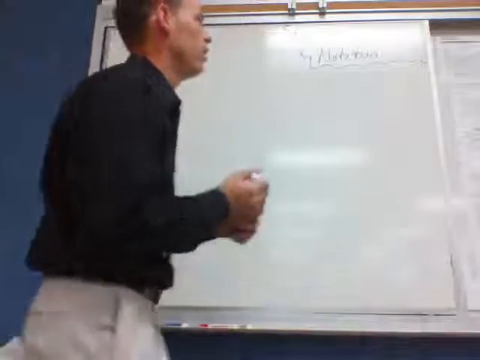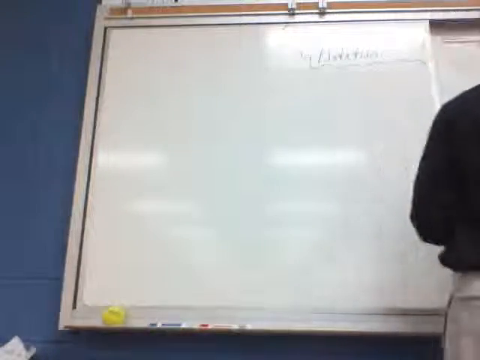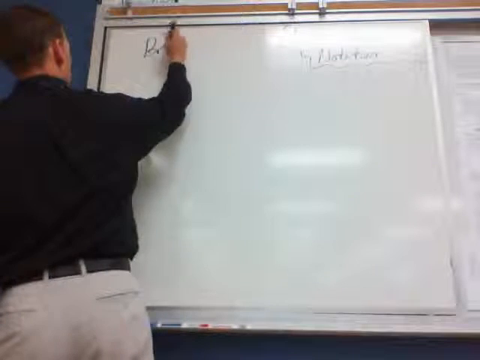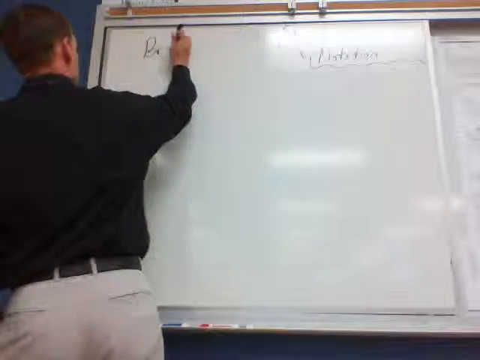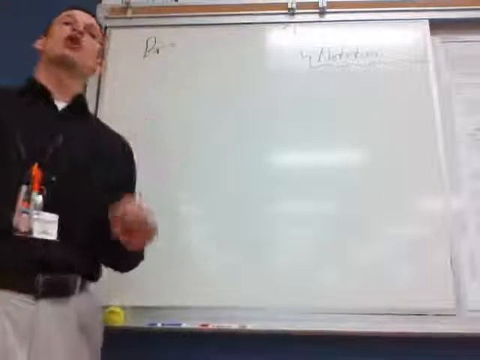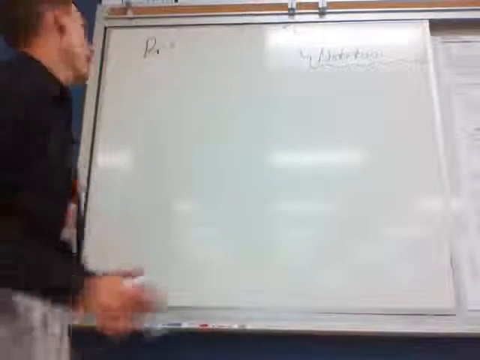Find bromine on the periodic table. Use Br. How many electrons does bromine have? He's got 35.